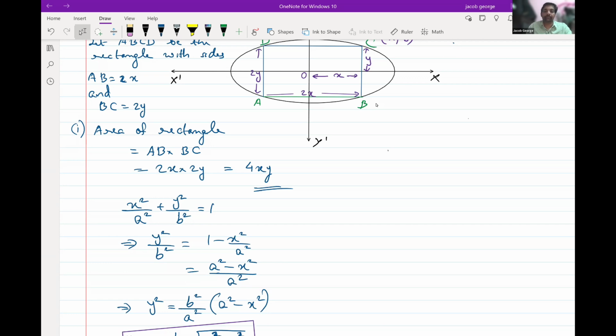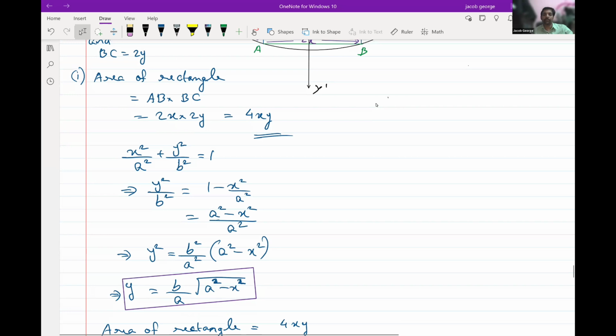Then we take the LCM. y square by b square is equal to a square minus x square whole divided by a square, or y square is equal to b square by a square into a square minus x square, so y is equal to b by a into root of a square minus x square.